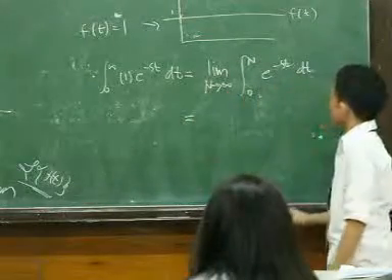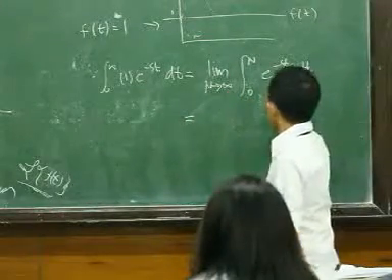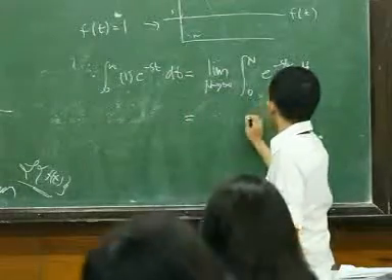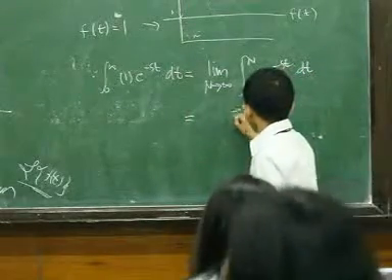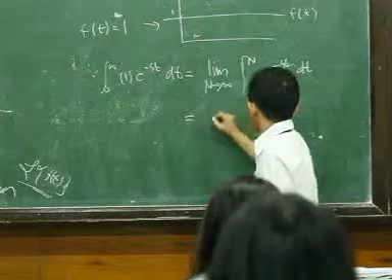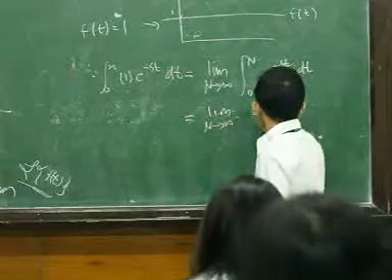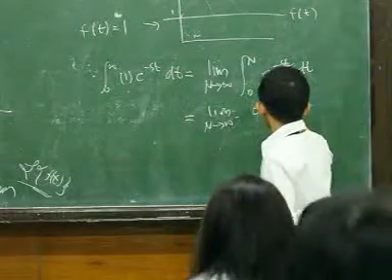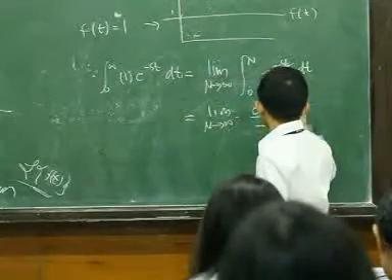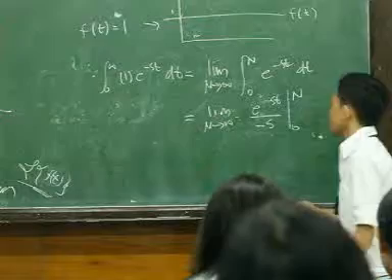So, evaluating this equation, we have e to the negative st over negative s from 0 to n.